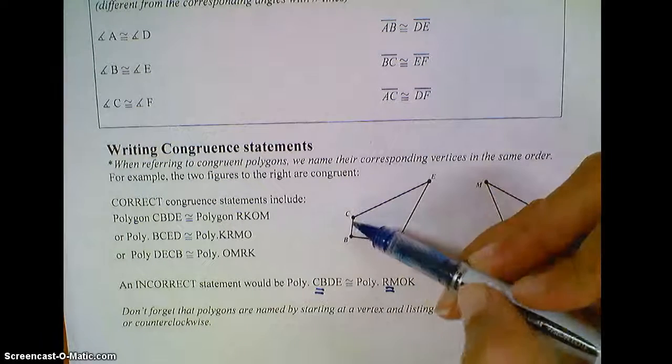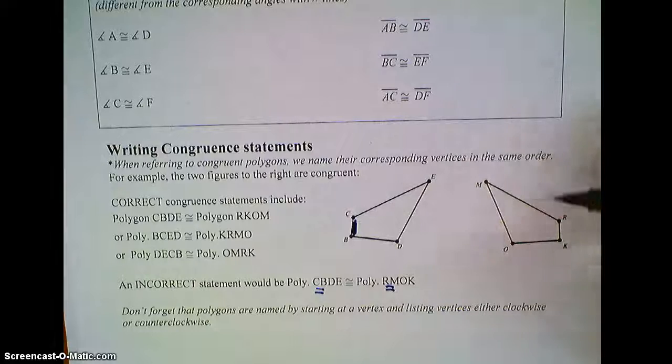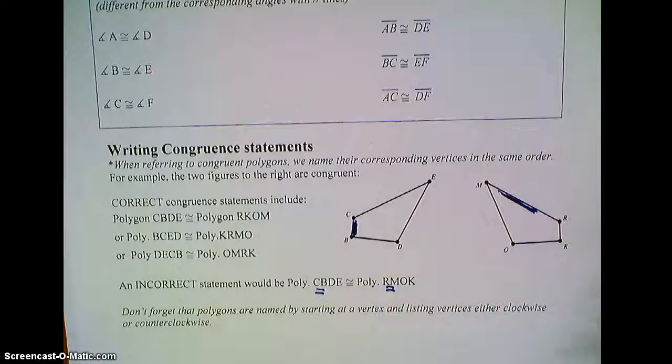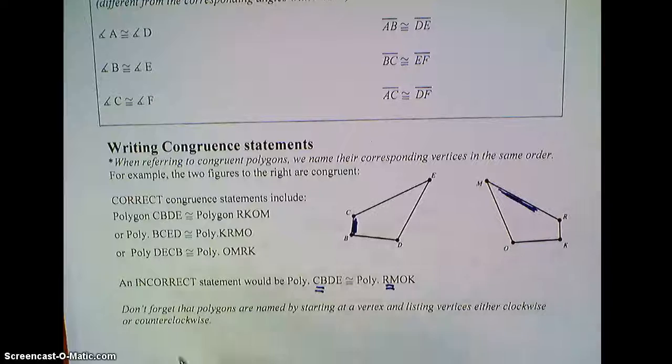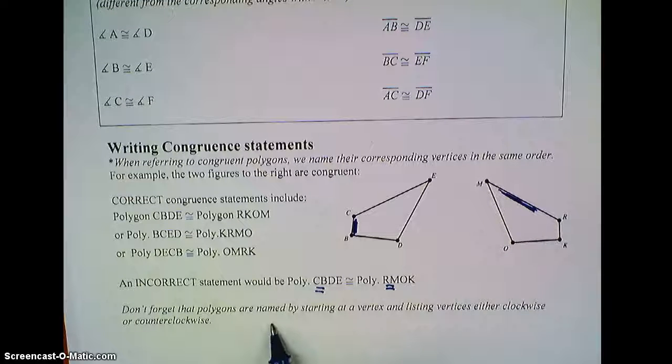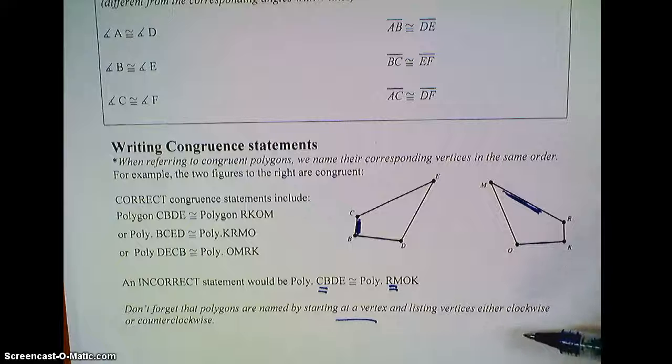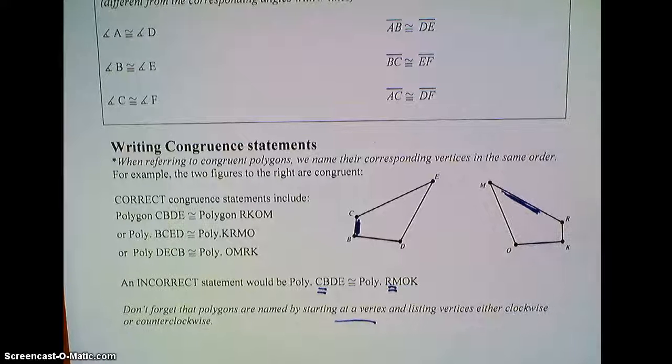And if I look at the picture, segment CB does definitely not go or correspond to segment RM. Okay, also don't forget, when you're naming polygons, start at a vertex and move either clockwise or counterclockwise. All right, we're going to move on to page 2.